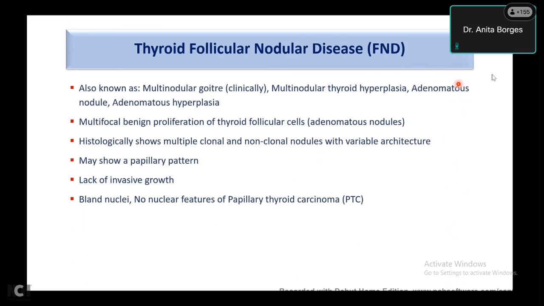We are all enamored of new classifications, new terms, etc. But I think that we need to understand something, and that's exactly what Dr. Shiv Kumar said, and that is that we have to use terms that are understood by our clinical colleagues.